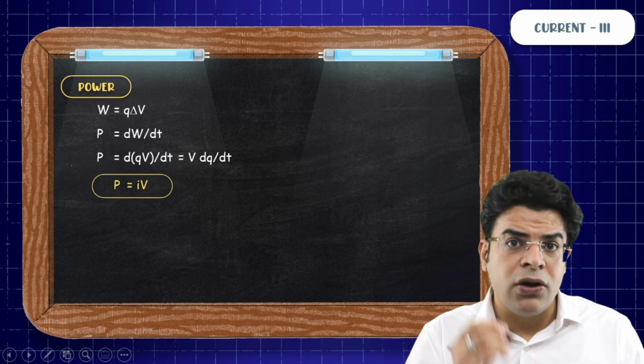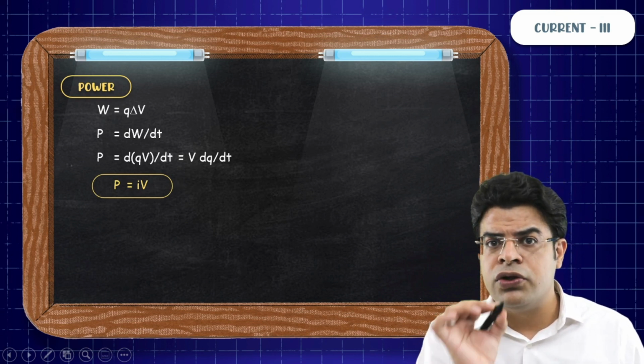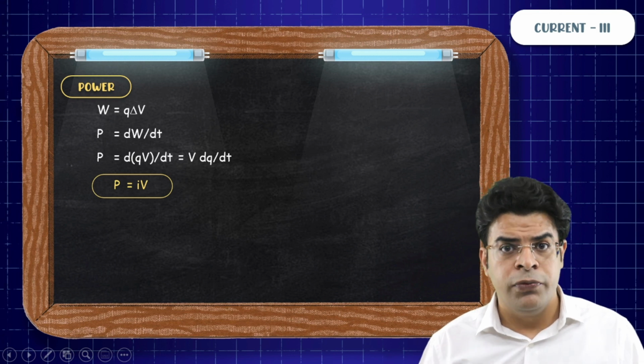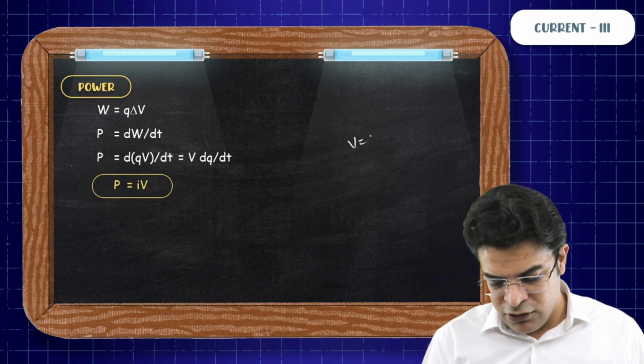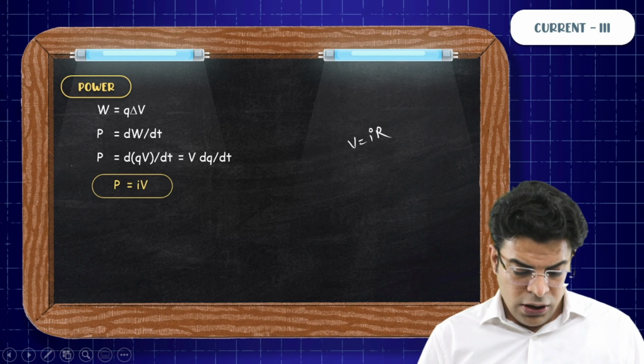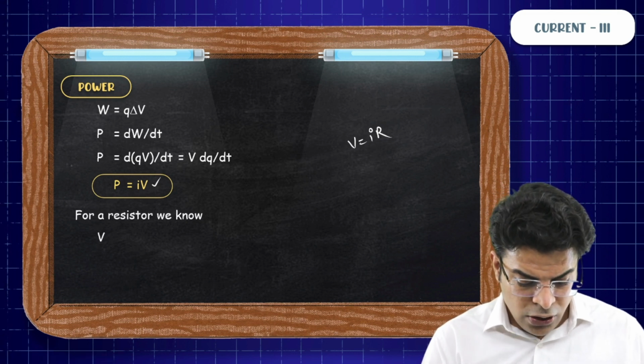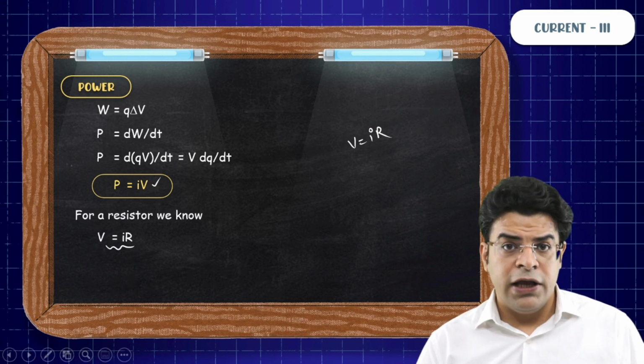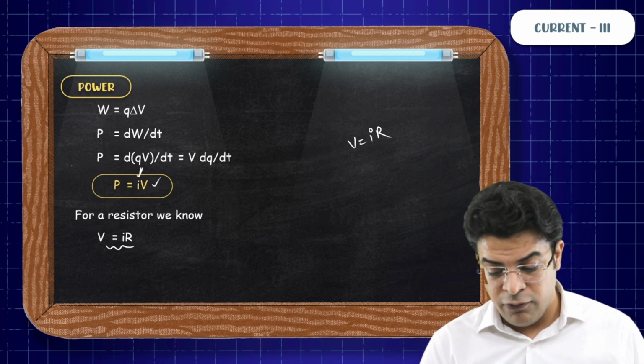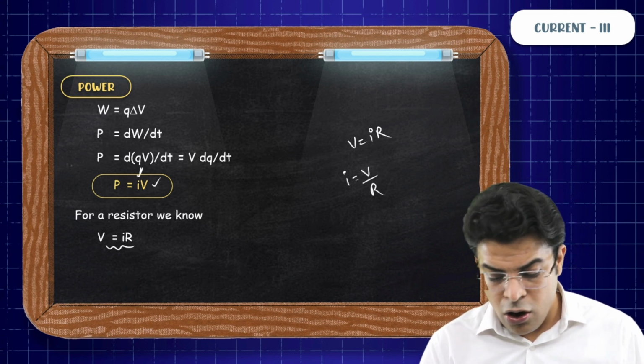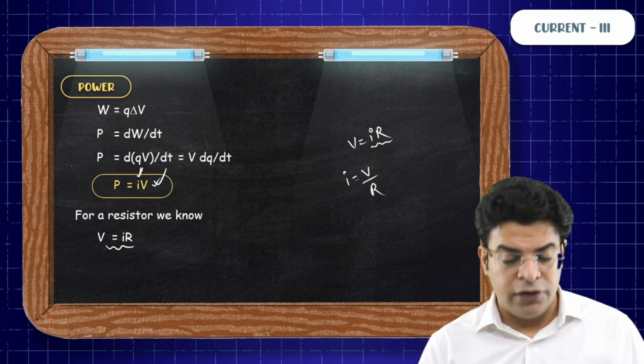But we know that only for the current flowing through a resistor we can apply Ohm's law. And Ohm's law tells us that V equals IR. So using Ohm's law, in place of I we can write V by R, or in place of V we can write IR.